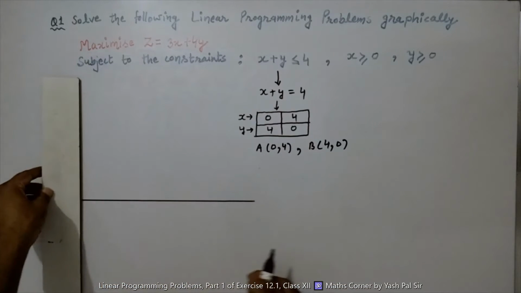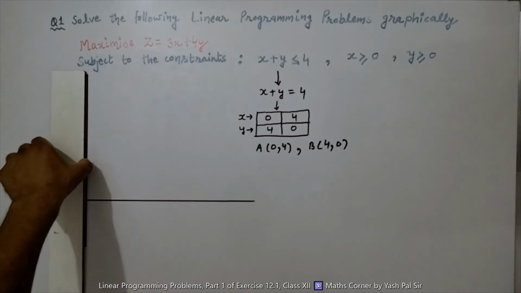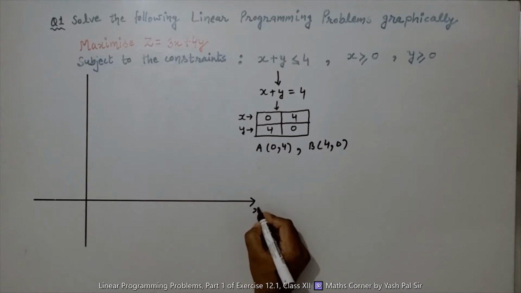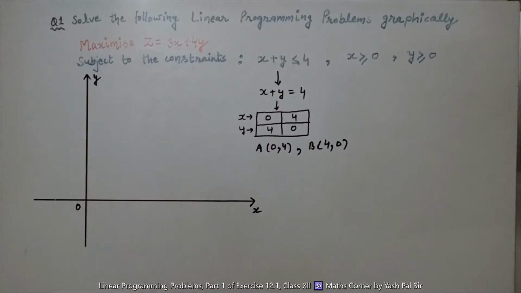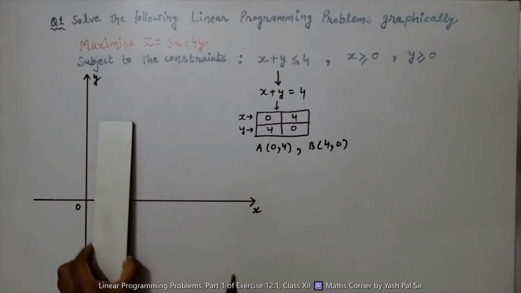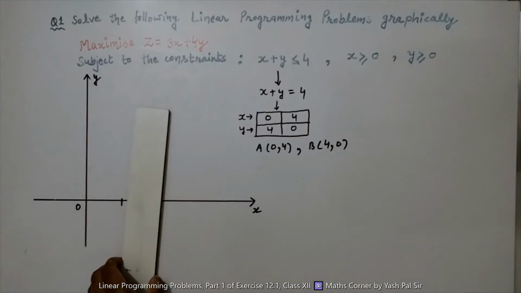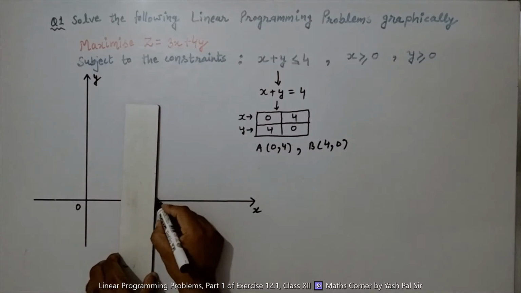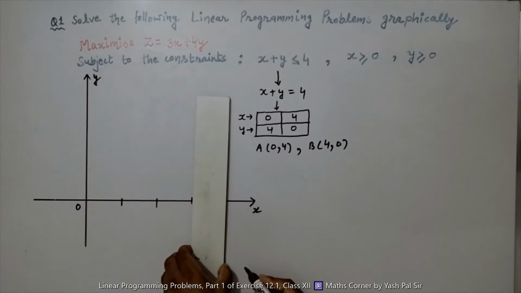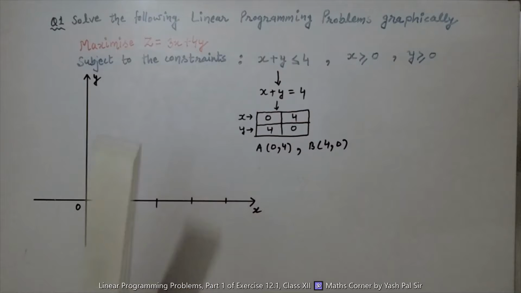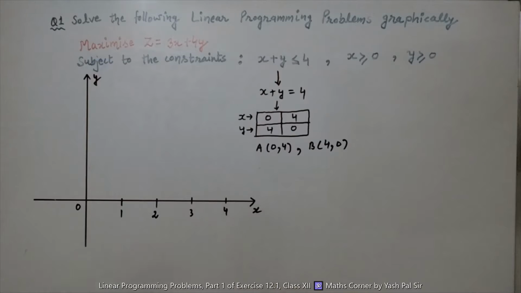This is the x-axis, and we have the y-axis, the origin, right? Now equal parts we have to make. This is 1, 2, 3, 4. So this is x equal to 1, 2, 3, 4.